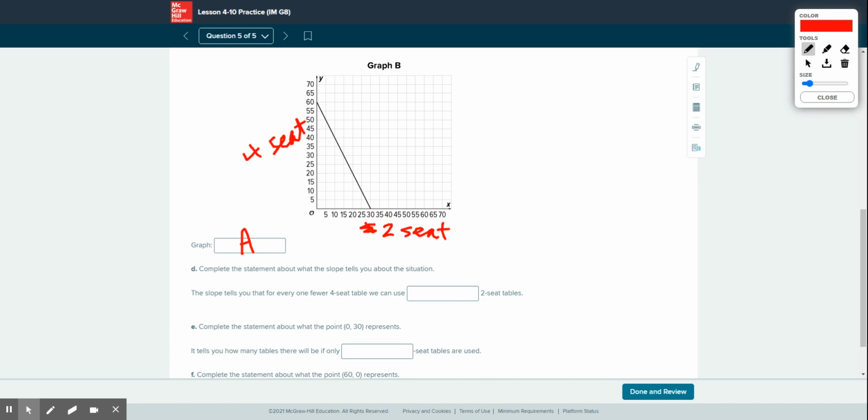So now complete the statement about what the slope tells you about the situation. The slope tells you that for every 1 fewer 4-seat tables, we can use blank 2-seat tables. Go back to our equation, 2 times X plus 4 times Y is equal to 120. Our goal is to get Y by itself.